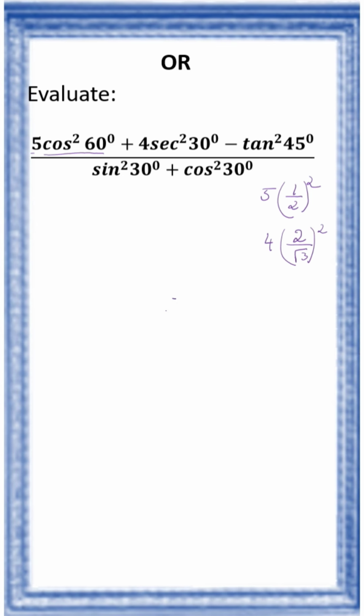Tan square 45. It is 1. 1 square is 1 only. Sin square 30. Sin 30 is half. Sin square 30 is half the square. Cos square 30. Cos 30 is root 3 by 2, the whole square.